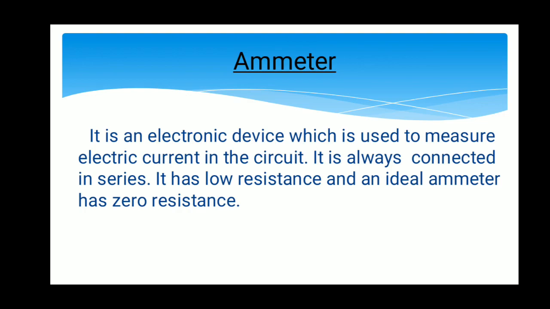It is always connected in series. It has low resistance and an ideal ammeter has zero resistance. This is the symbol of an ammeter. It has 2 terminals, positive and negative. Here, capital A represents ampere. So, it is called an ampere meter.